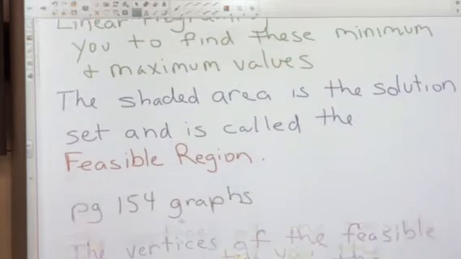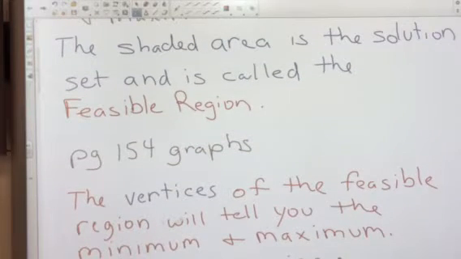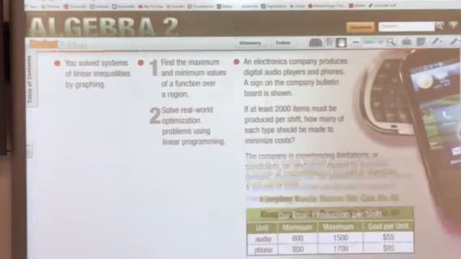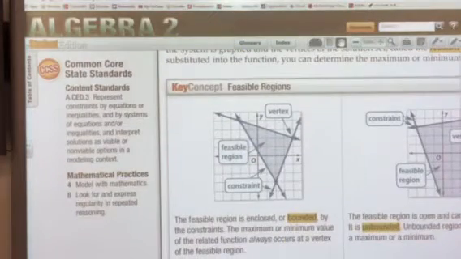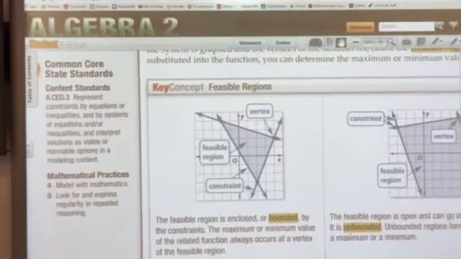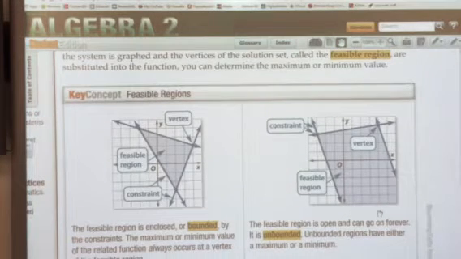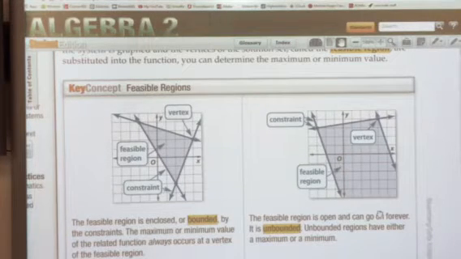Now we're going to take a look at the graphs on page 154 and the feasible region. So what can these graphs look like? In yellow, you have the idea of a bounded region.